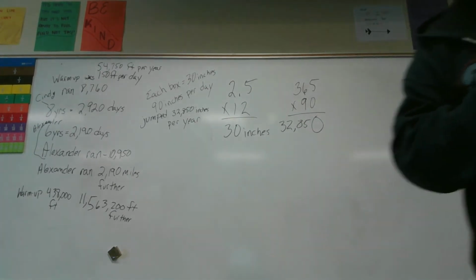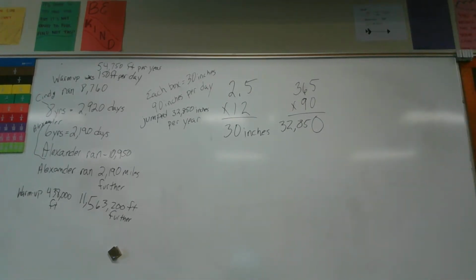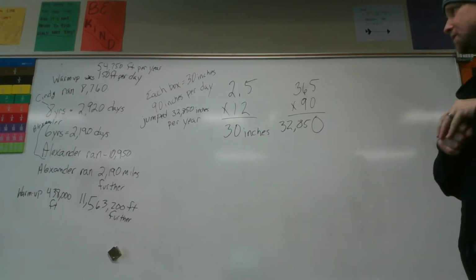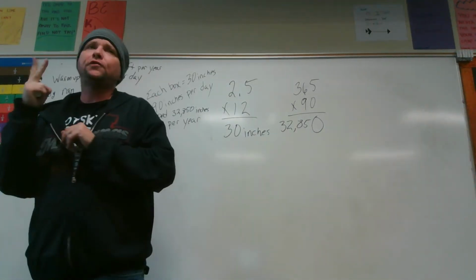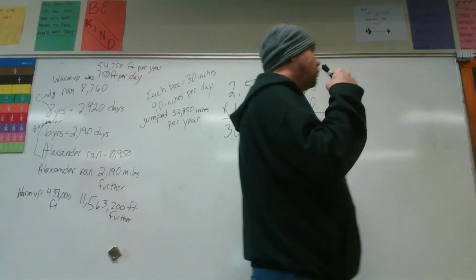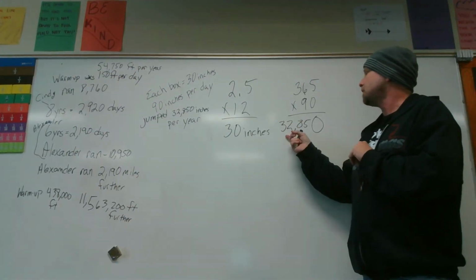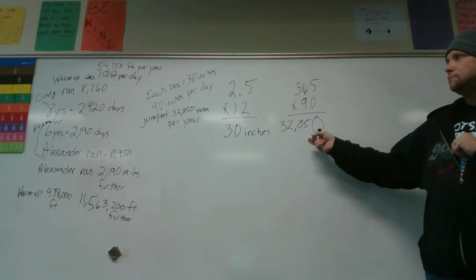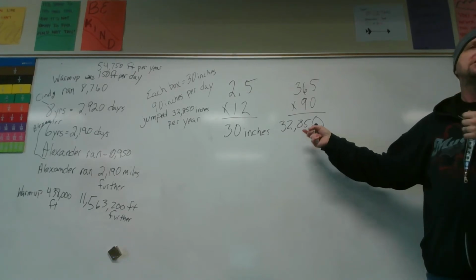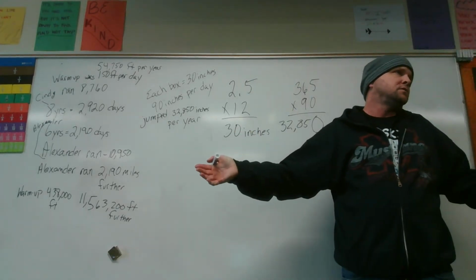Now we're down here with how many feet did he jump over the 6 years? So now we have 2 things we have to do. We know it was 32,850 inches per year. So I want to find out how many feet per year.